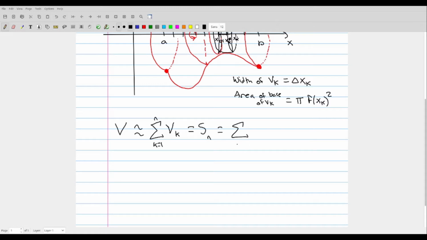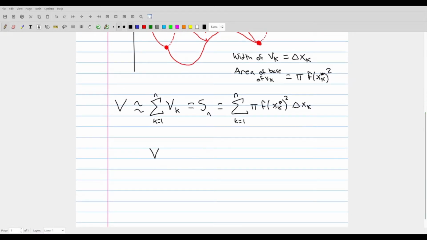The Riemann sum that we get is the sum from k equals 1 to n of Vk, and the volume of the kth cylinder is going to be the height of the cylinder multiplied by the area of the base, which is pi times f of xk star squared. So it's pi times f of xk star squared times delta xk.